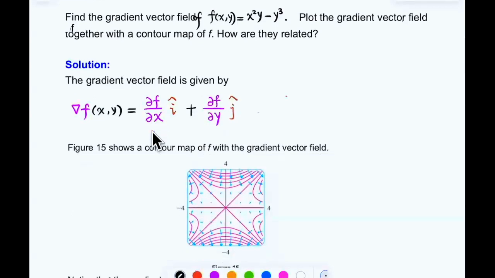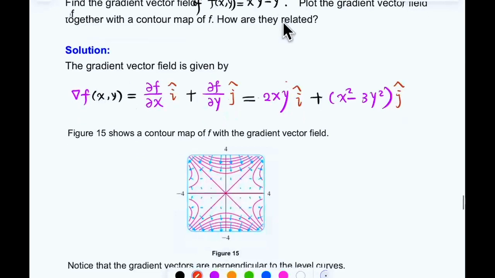Can you tell me what's the partial derivative of this function with respect to x? You got it, 2xy, and that is the i component. And then you add. What's the partial derivative of this function with respect to y? x squared minus 3y squared, and that will be the j component. So this is a two-dimensional vector. This is the gradient vector field of the scalar function f.